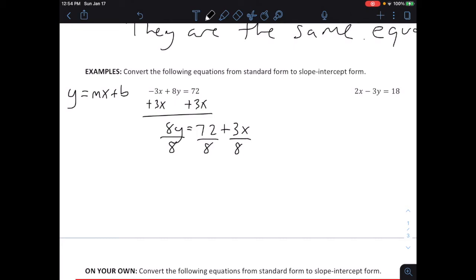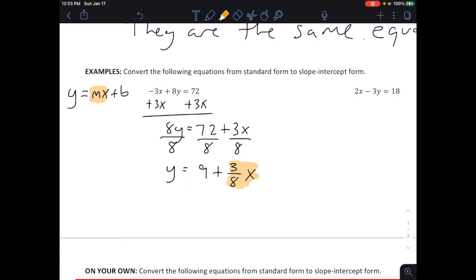Okay, and when I divide by 8, I end up with y equals 9 plus, I can't simplify 3 over 8, and I don't want you to grab a calculator and do that because it's our slope, so we're going to leave it in the form of a fraction. 3 over 8x. But then you'll notice something that's wrong about this equation. You'll notice that the x term is on the right-hand side here, but the x term is in the middle in y equals mx plus b.